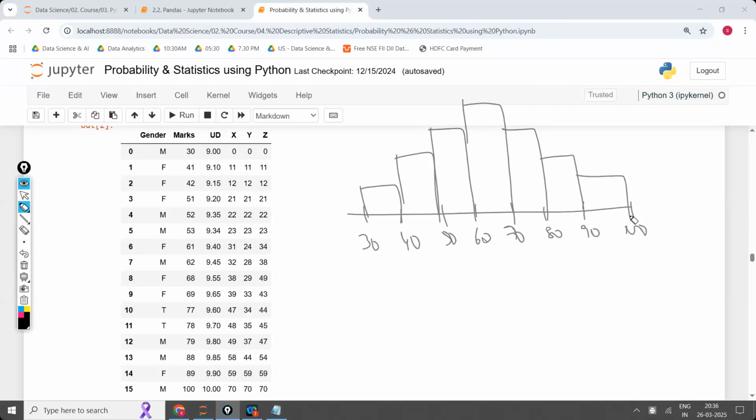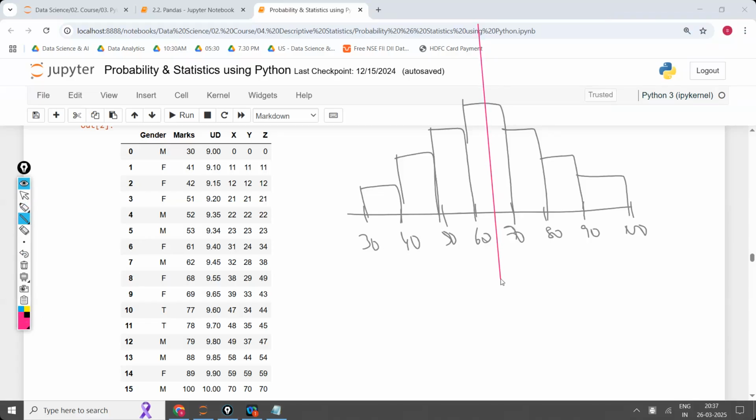Now is this histogram symmetrical or unsymmetrical? What is meant by symmetrical? Symmetrical means first you have to take the center value. 30 and 100, what is the center value? Which is nothing but the average of the starting number and ending number. 30 plus 100 is 130, 130 by 2 is 65. 65 will be considered the center value.